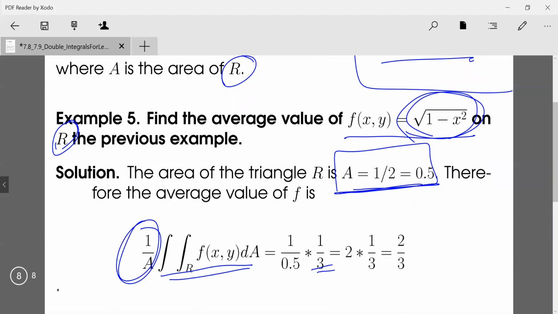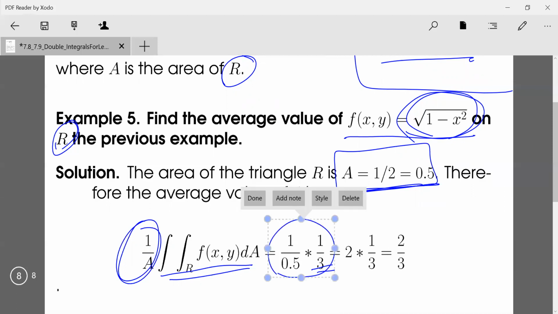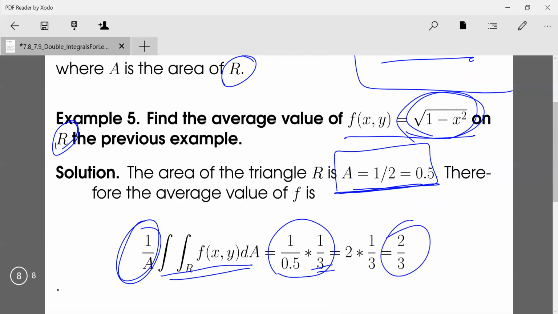Using the formula for the average value, we get 1 over 0.5 times 1/3, where 1/3 is the integral, and the answer is 2/3.